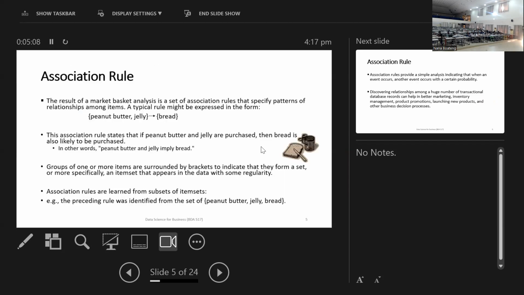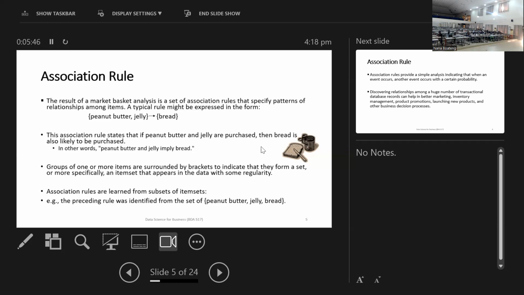So the result of the market basket is a set of associations or relationships. There are two patterns of relationships between items. For instance, a typical association could be that peanut butter and jelly lead to bread. What this means is that all the people who buy peanut butter and jelly also want bread.